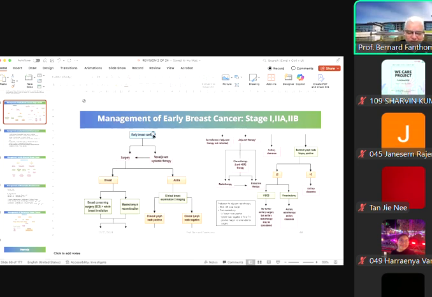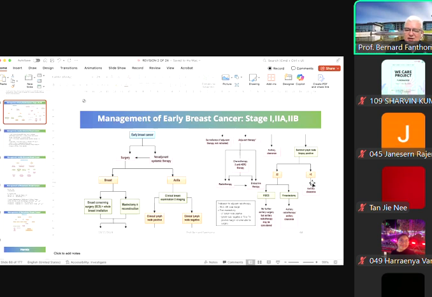Focus only on this, that early breast cancer will have surgery for the breast, and surgery for the axilla. Surgery for the axilla in case it is clinically positive. In case the FNAC is negative, it is classed as the clinically negative axilla, and it will go for sentinel node biopsy.